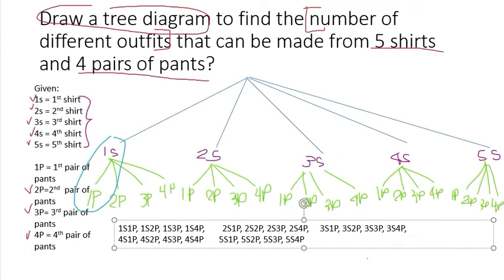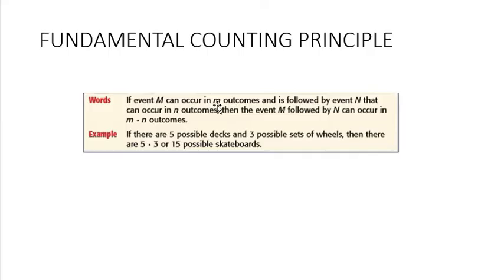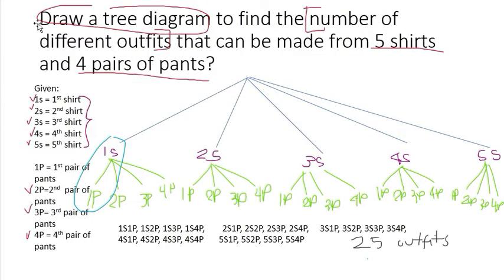By this, we can identify the total number of different outfits. If one event has M outcomes and the other one has N outcomes, all we need to do is to multiply the number of outcomes they have together. For this one, the first event is the number of shirts, so there are 5 outcomes.